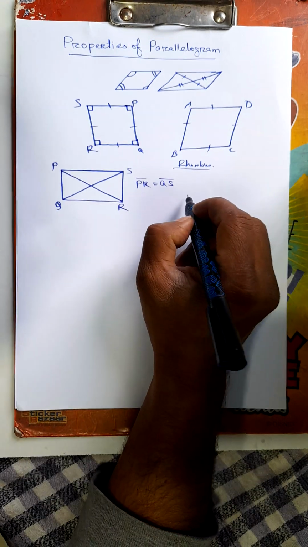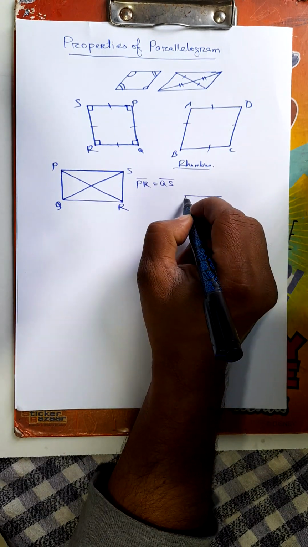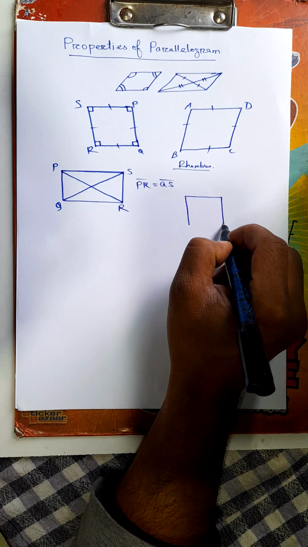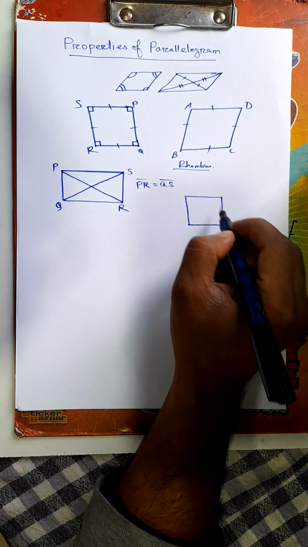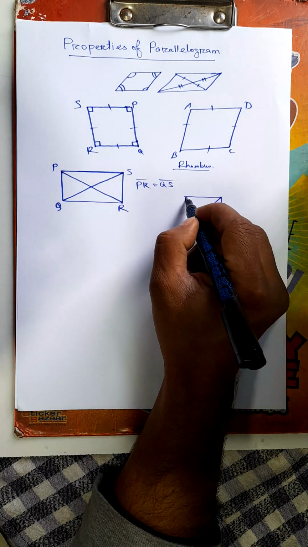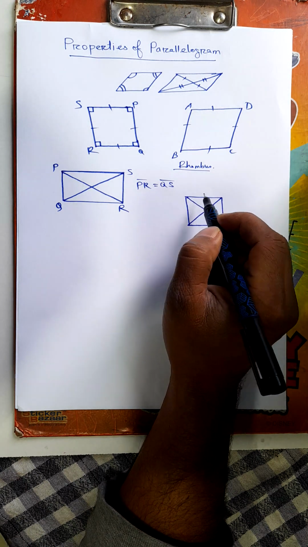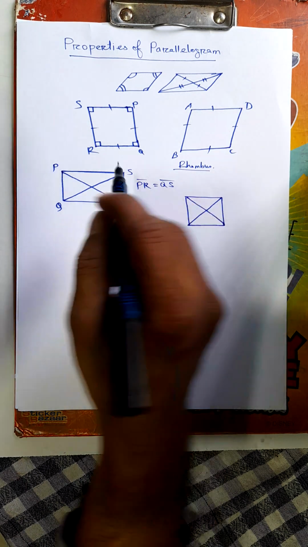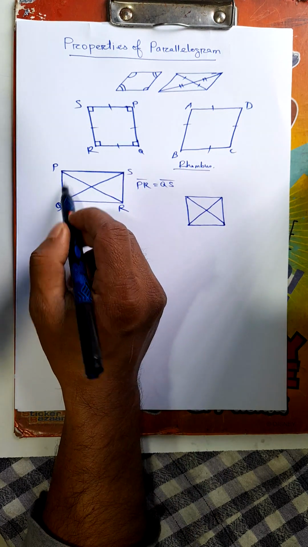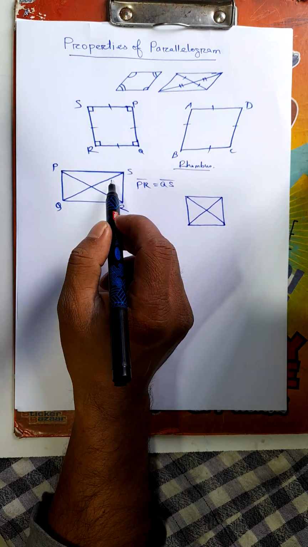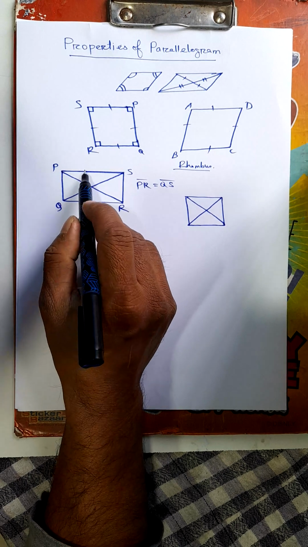But every square is also a rectangle, because here also you will find diagonals are equal. So every square is a rectangle, but every rectangle is not a square. For example, this PQRS is a rectangle, but it is not a square because all sides are not equal here.